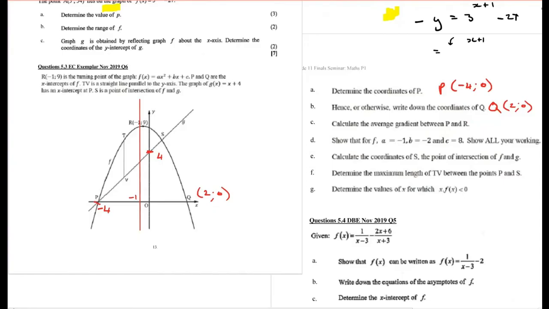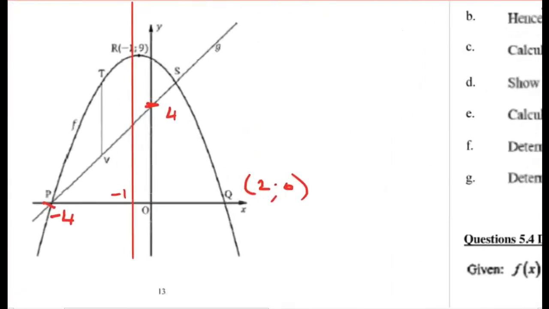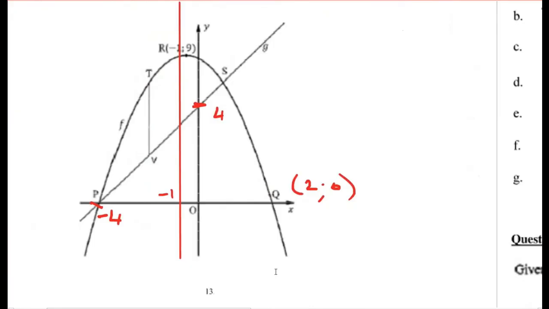Calculate the average gradient between P and R. Tell me, guys, what does it mean to calculate the average gradient? What is an average gradient? And why have they used the word average gradient? That's the other question.